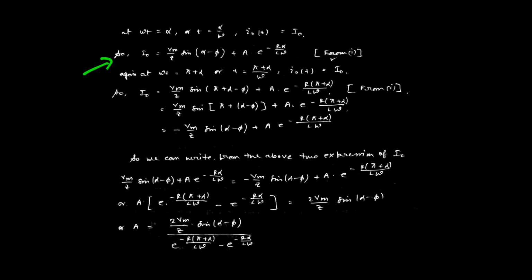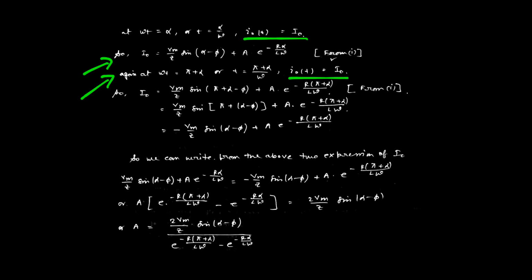Again at omega t equal to pi plus alpha, the current is I0 at t equal to (pi plus alpha) by omega. So for both cases i0(t) is the same, capital I0.